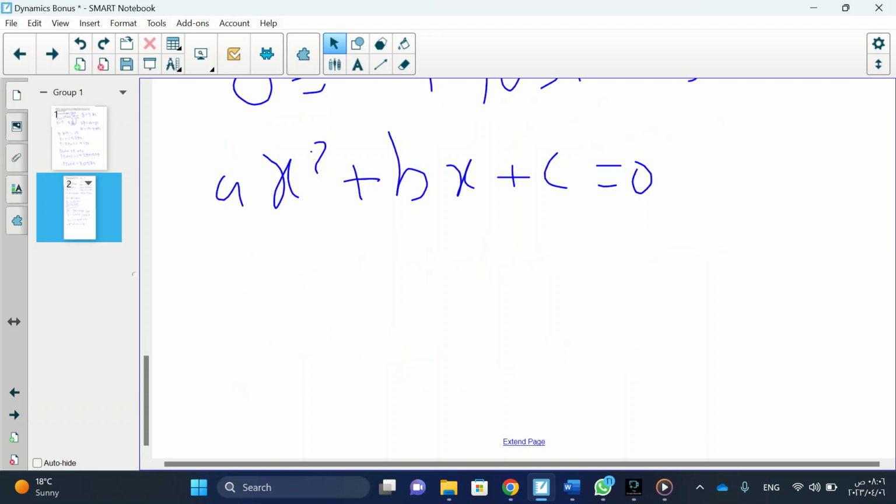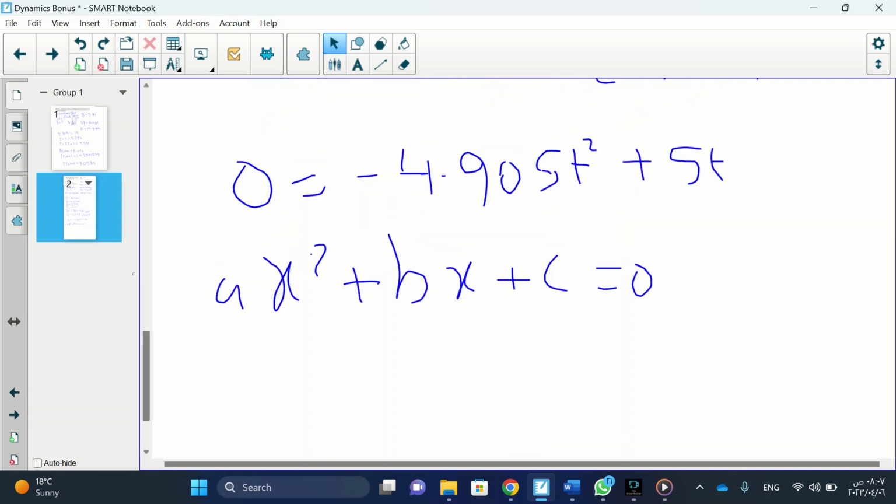So we will say A is equal to minus 4.905, B will be 5 and C will be 0.